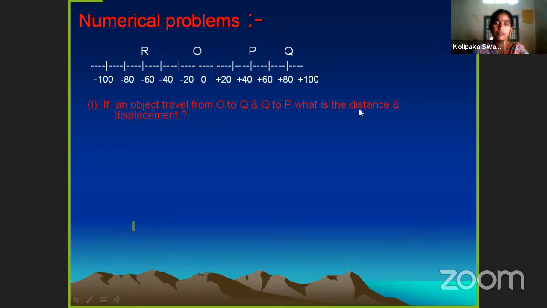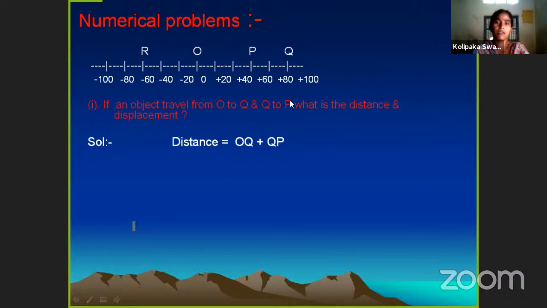Distance is equal to OQ plus QP. The object traveled first from O to Q, and then from Q to P. So the total sum of the OQ length and QP length we call distance. From O to Q, how much distance is it?